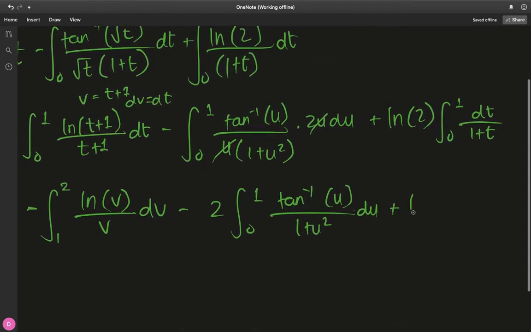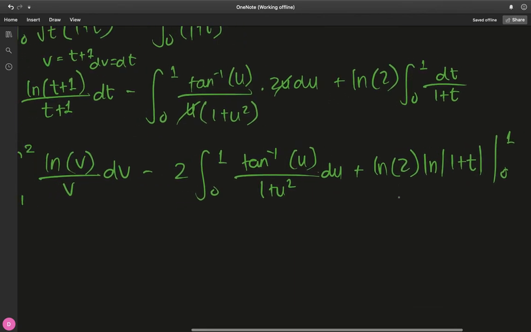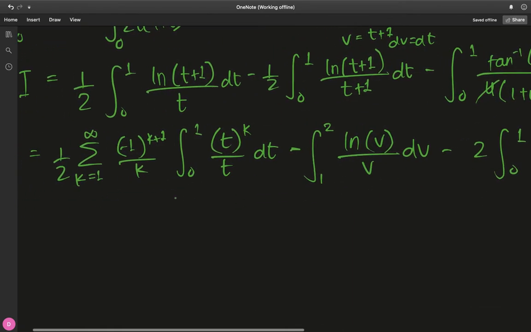This is just easy. This is natural log of 2 times natural log of 1 plus t evaluated from t equals 0 to t equals 1, like we had for our partial derivative part.